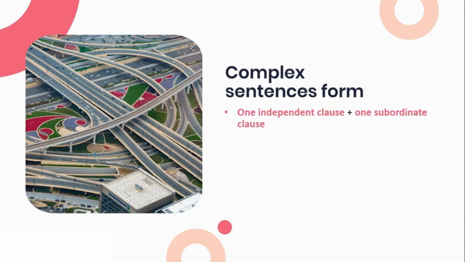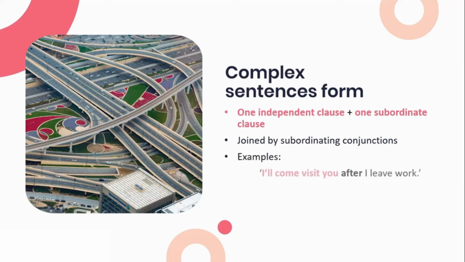The two clauses are joined by subordinating conjunctions. Remember that subordinate clauses begin with subordinating conjunctions. So those subordinating conjunctions join the clauses. Some examples of complex sentences are as follows.